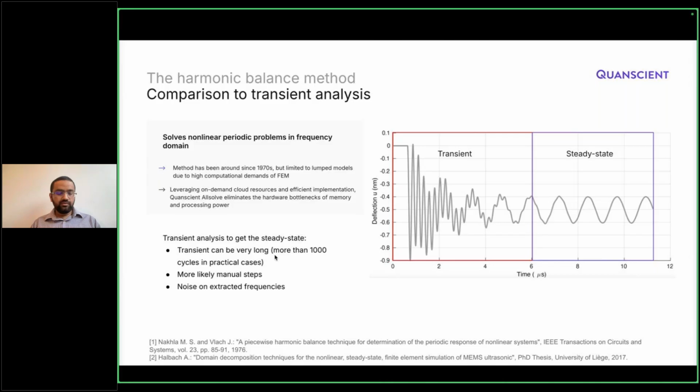It can easily be more than 1,000 cycles in practical cases to reach the steady state, where you can actually make Fourier analysis or transform this data into the frequency domain and then look at the frequency response there. This will also involve manual steps to extract this data and see at what time you reach the steady state.